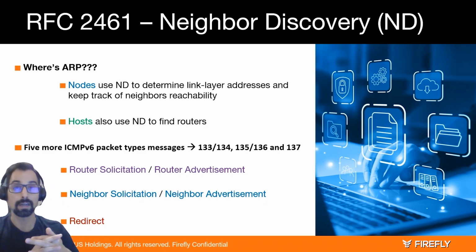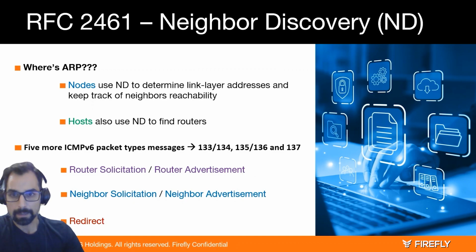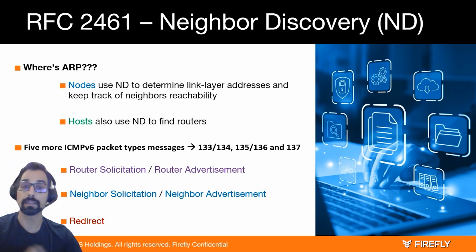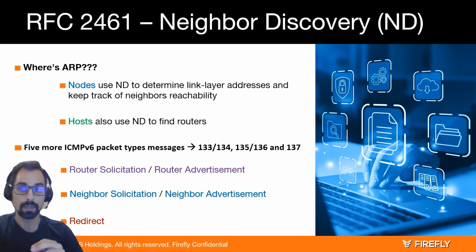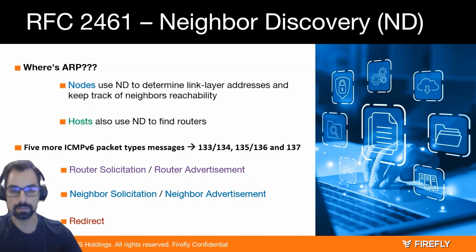Well, this is one of the functions of the Neighbor Discovery Protocol. As we can see here, one of the functions is to determine the link layer address of my neighbors. It is also used to understand which routers are on my local link. We're going to see this a little bit in a few more slides.